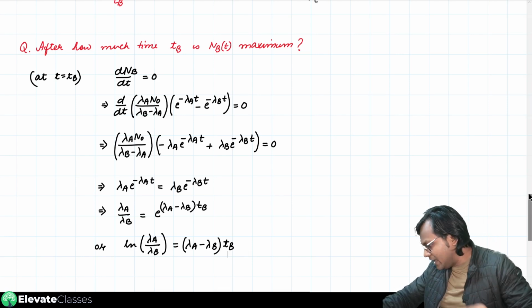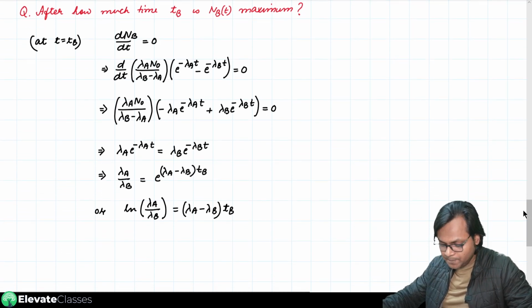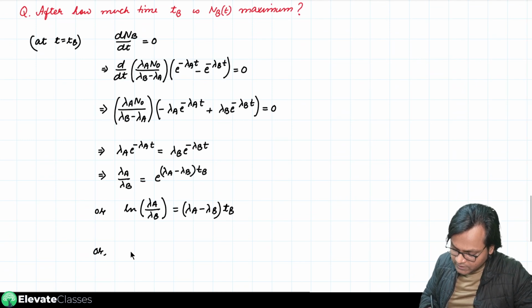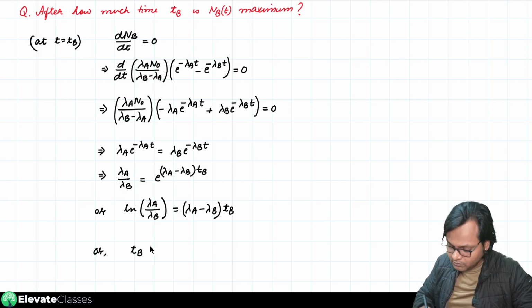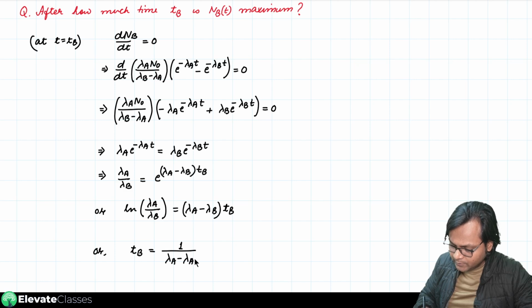So finally, we have our result, which is the time at which the intermediate radioactive nuclei reaches its maximum: TB is equal to 1 upon lambda A minus lambda B times log of lambda A upon lambda B. That's it.